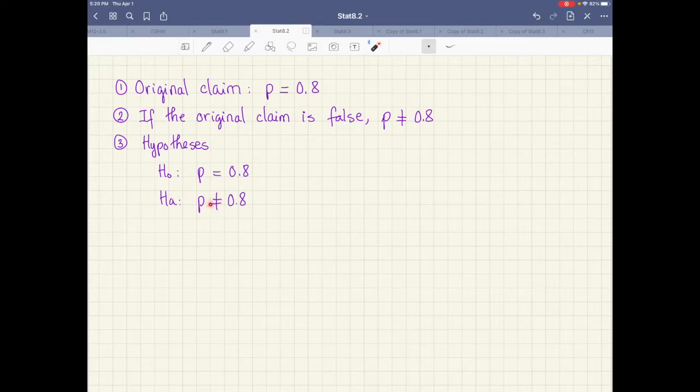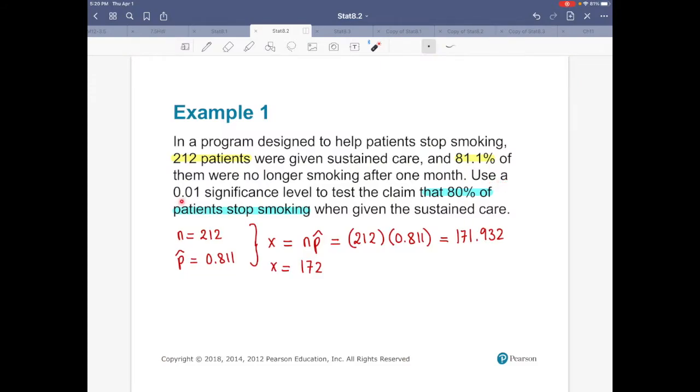This is not equal to, so this is going to be a two-tailed test. On the fourth step, we identify the significance level. I go back to my problem to see if it's given: use a 0.01 significance level. My alpha is 0.01.